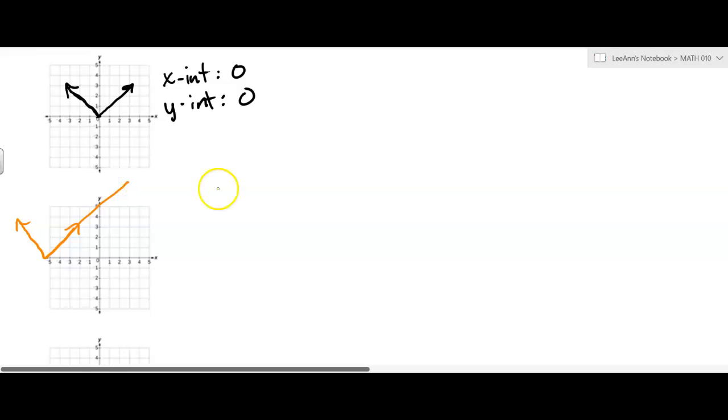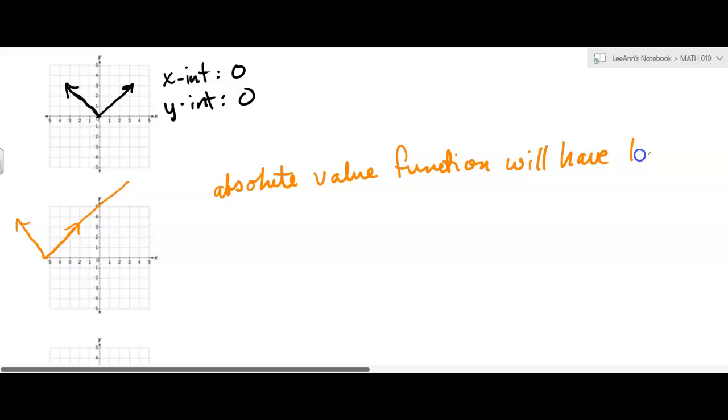An absolute value function will have one Y-intercept. You could play around with that a little bit more if you want to.